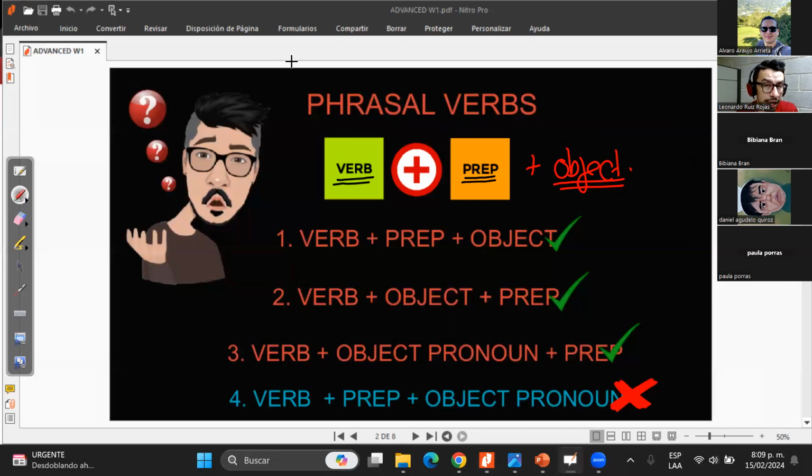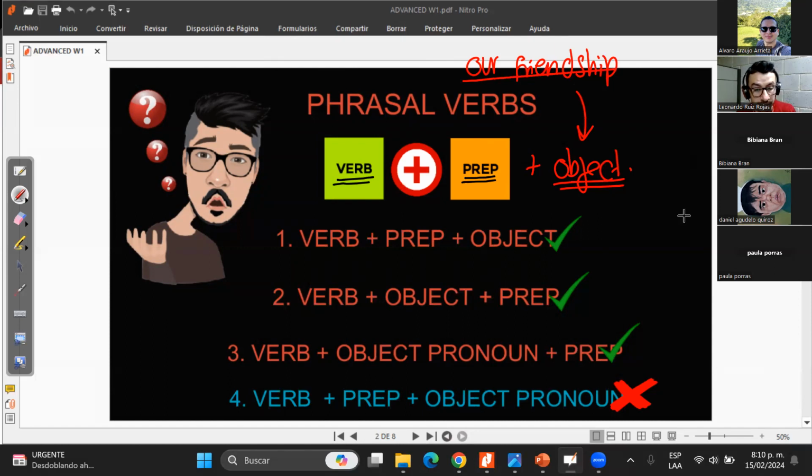For example, ¿qué era lo que íbamos a evitar que se separara? La amistad. Friendship. Our friendship, muy bien. In that case, it's going to be the object. Era lo que iba a recibir esa acción de evitar que se separara, right? So that's the object.